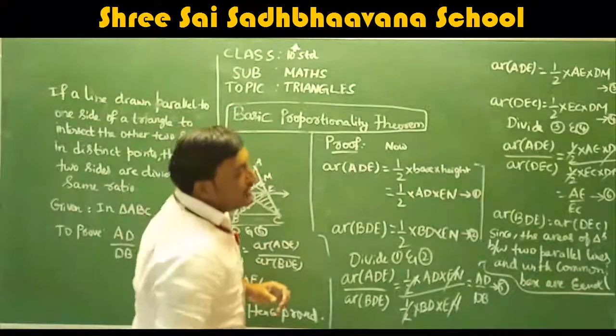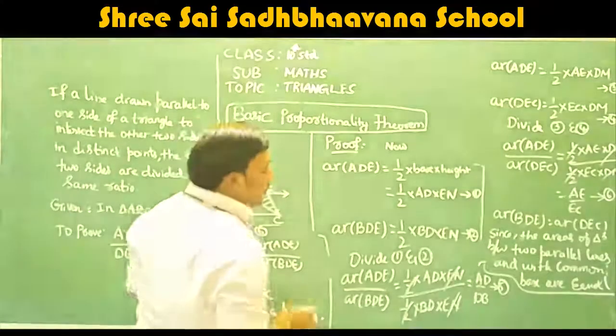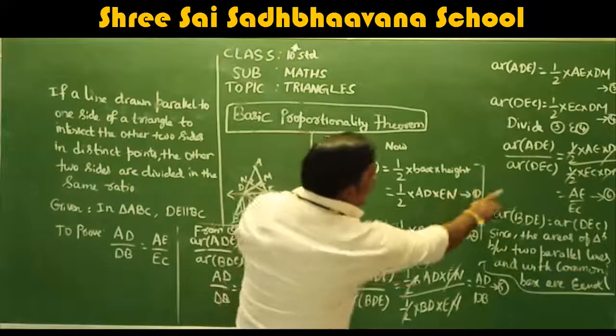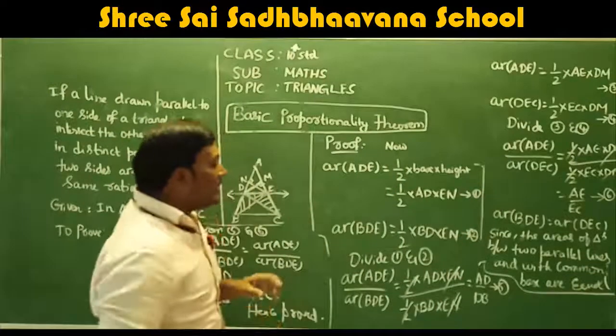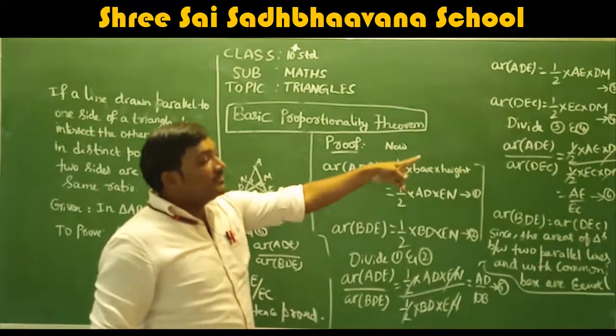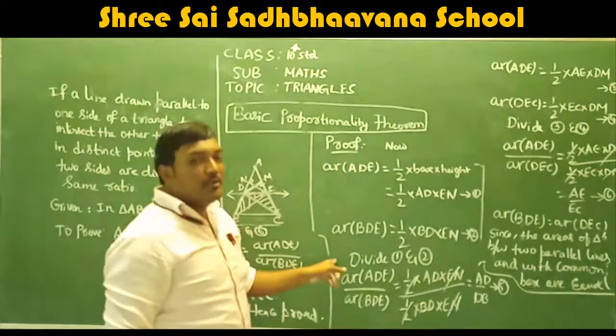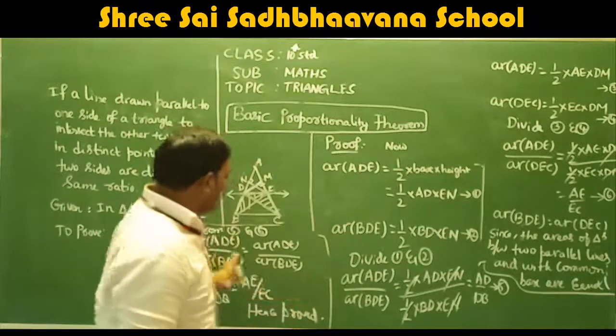So area of BDE can be replaced with DEC, or area of DEC can be replaced with BDE. So in equation 6, I'll replace area of triangle DEC with BDE. If I replace, what happens? Equation number 5 LHS and equation number 6 LHS become the same. Correct?